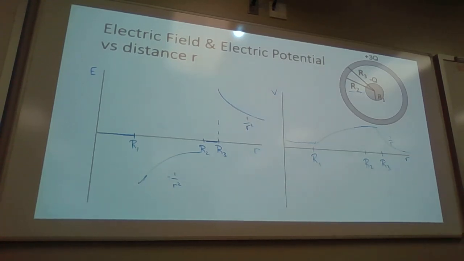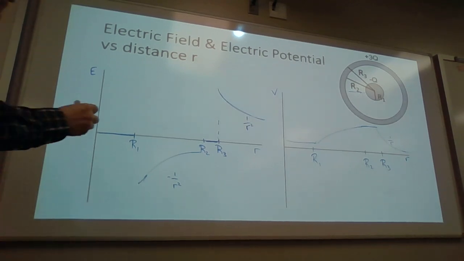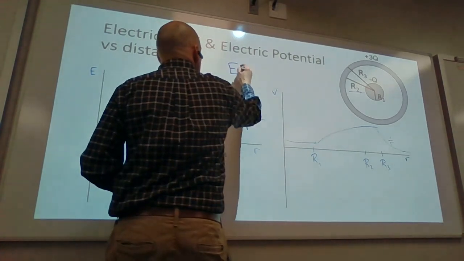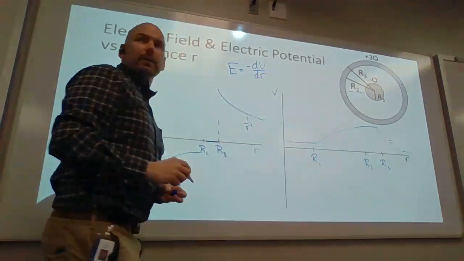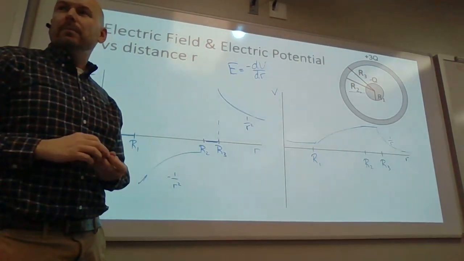Good with that. Because you end up subtracting that one. That's good for your response problem. So electric field is equal to negative derivative of electric potential.